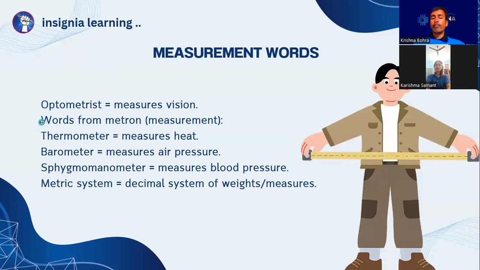Now we talked about the optometrist in the previous classes. Can you recall who the optometrist was? They measure eye vision. Okay, sorry. So we discussed the ophthalmologist, then the optometrist, and then the optician. Do you know the difference between these three?